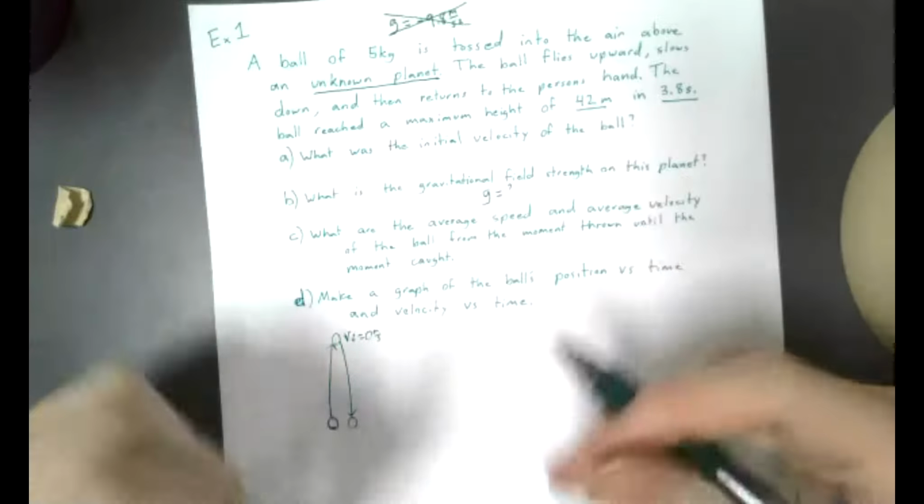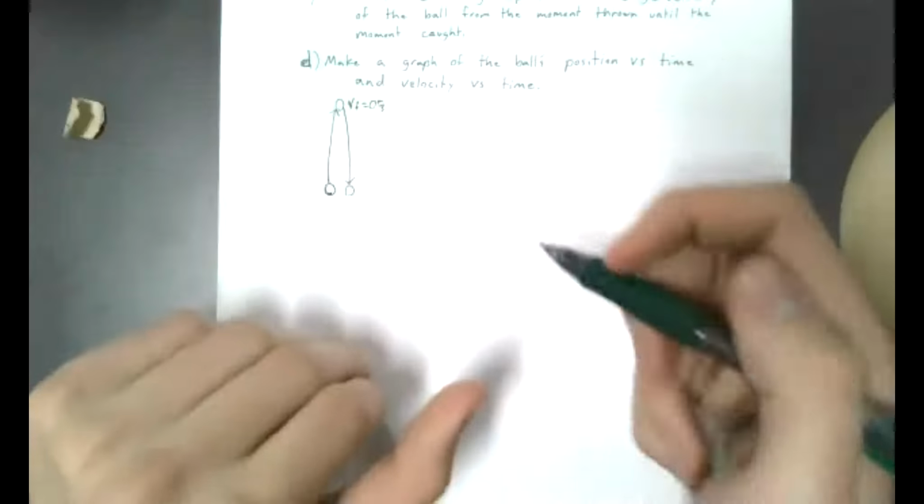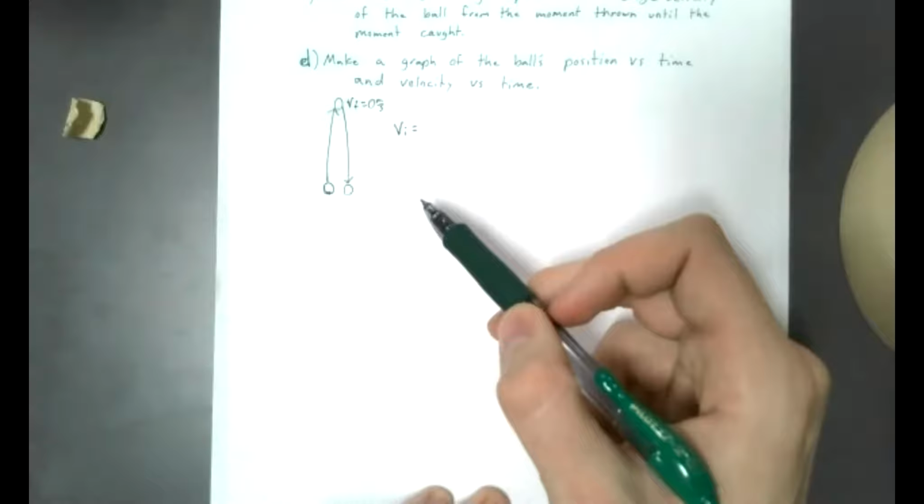Some of these answers can come really, really quickly, and some of them take a little bit longer to figure out. So question A, what is the initial velocity of the ball? This is a common physics problem. I want a number. Tell me what this number is. So I need to get the initial velocity.